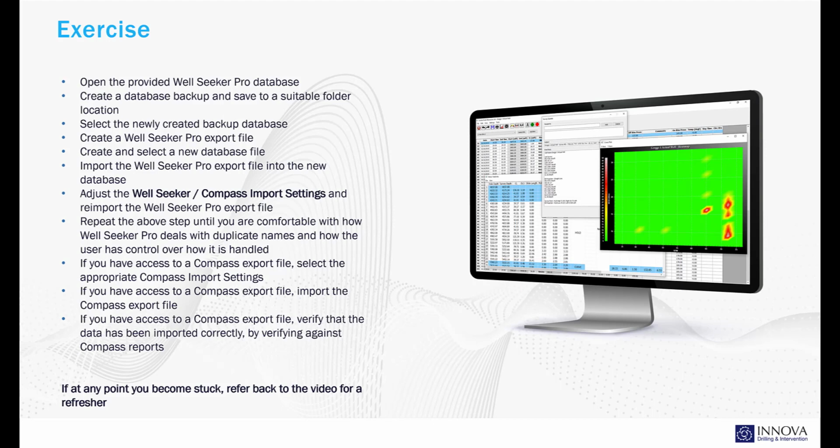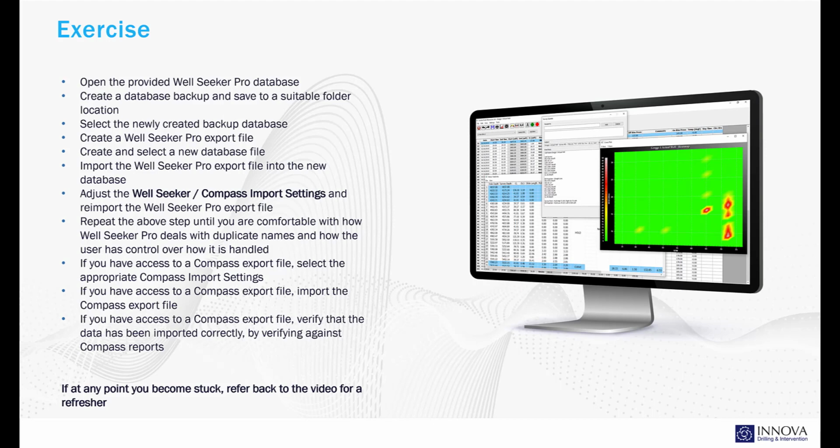Once you're in that backup database, create a WellSeeker Pro export file. Then create and select a new database file entirely. Once you're in that new database file, import the WellSeeker Pro export file you just created into this new blank database.